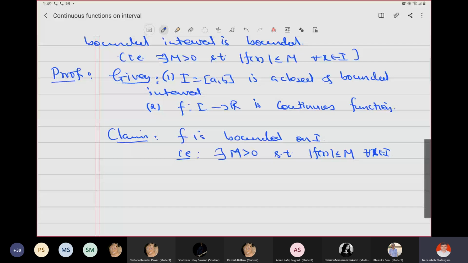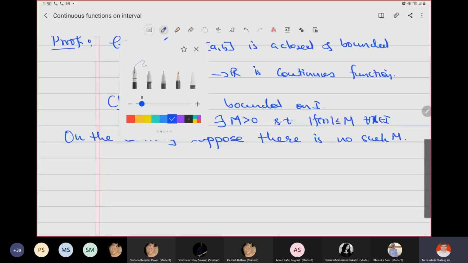See, before going to this, let me tell you, what is given: P and Q implies R. This is our aim.